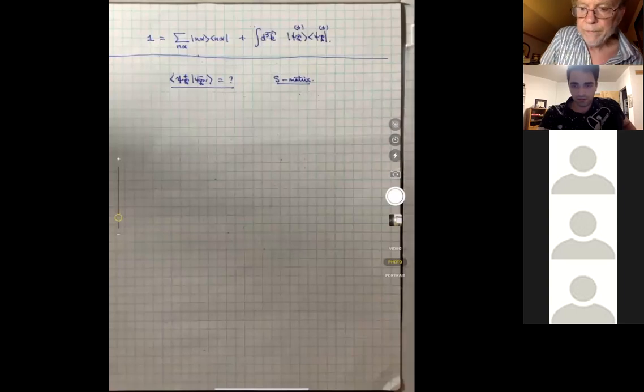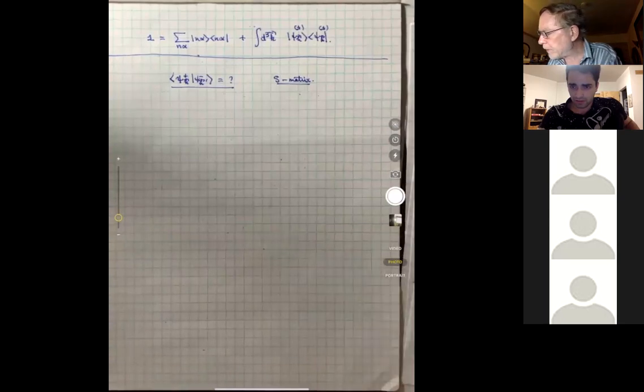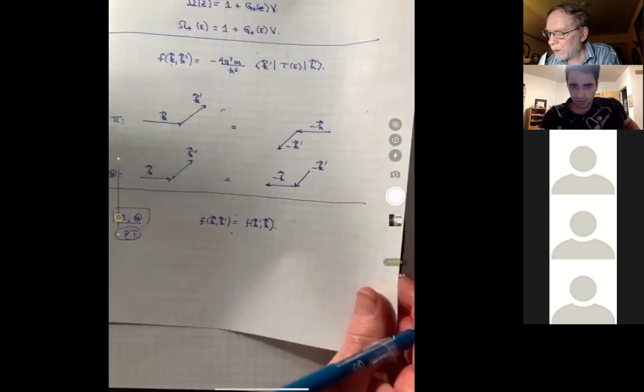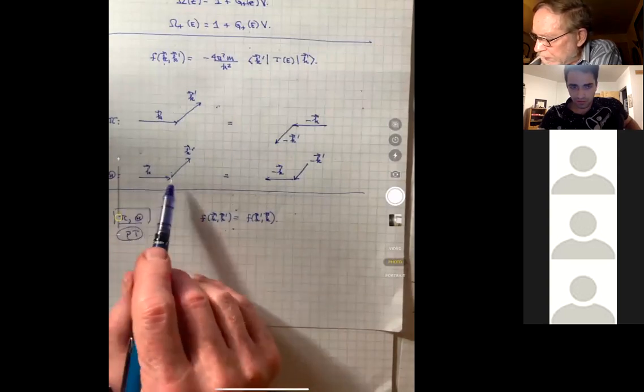So I had a question. Under time reversal symmetry, do you have some relationship between the incoming and outgoing? Yeah, let's see, I drew the picture back here. If you have time reversal invariance, it means the scattering amplitude is the same.